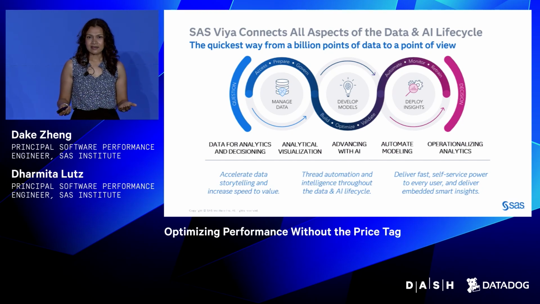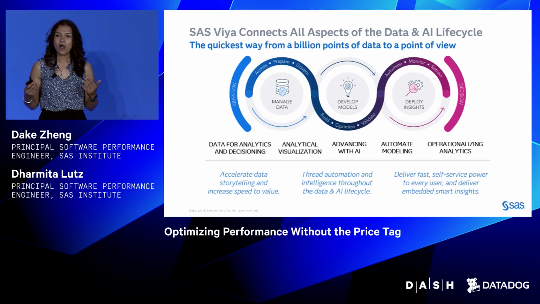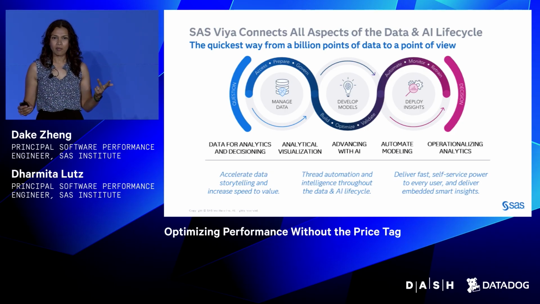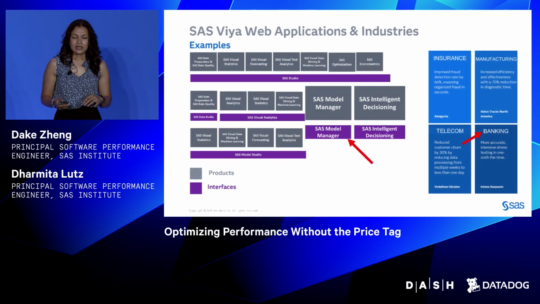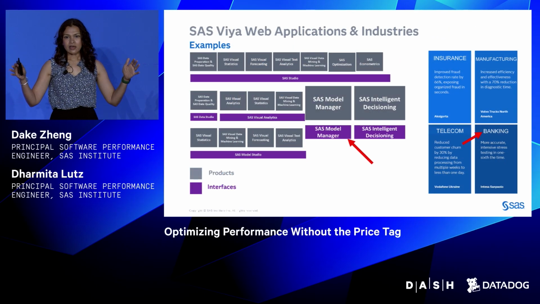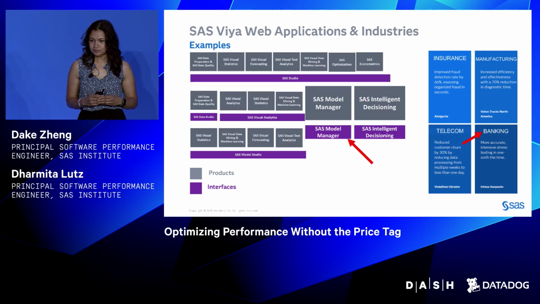Viya is a software stack that we'll be discussing today. It's a cloud-native AI and analytics platform, and it supports all of the steps of the AI and data lifecycle. It supports data preparation, visualization, modeling, and decisioning. Here are a few examples that are under the Viya umbrella. So for example, SAS Model Manager is an application under the Viya umbrella.